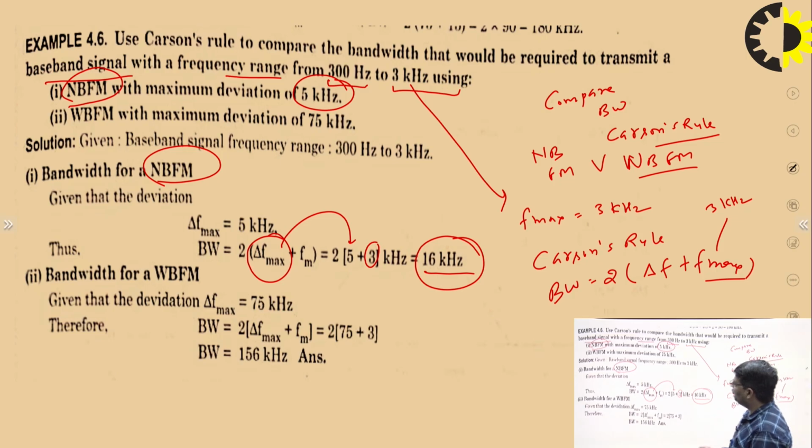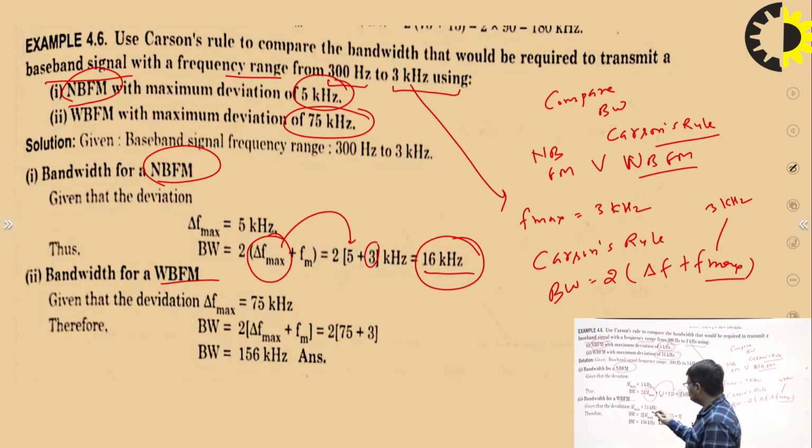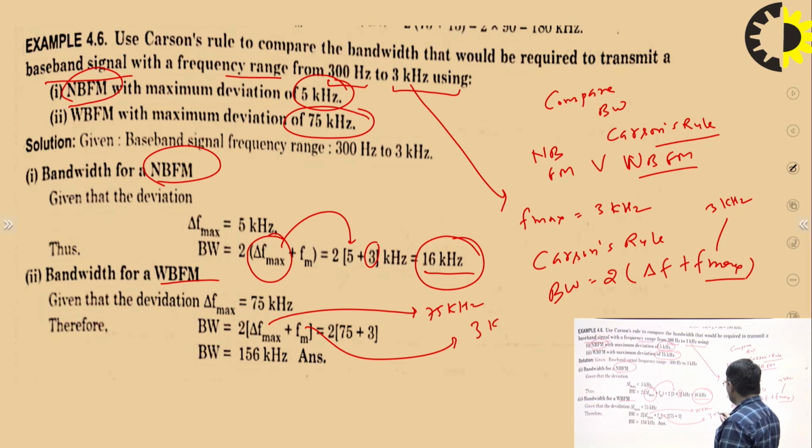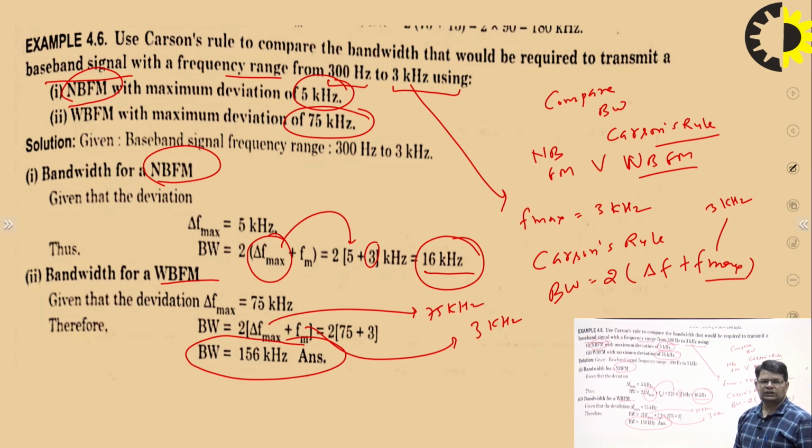Now for the case of wideband FM, the delta f max is 75 kHz. Putting in Carson's rule delta f max as 75 kHz and f max already 3 kHz, we can calculate the bandwidth for wideband FM as 156 kHz.